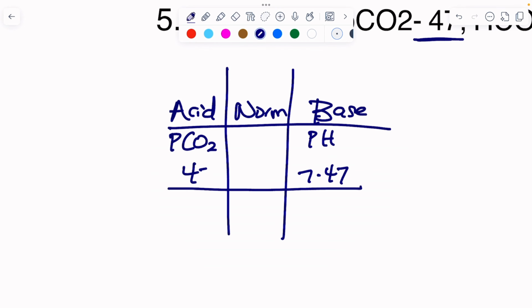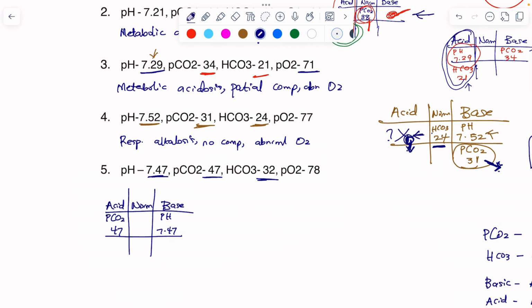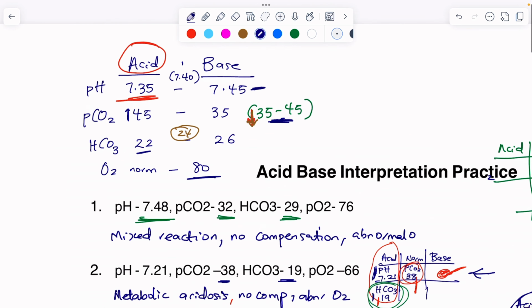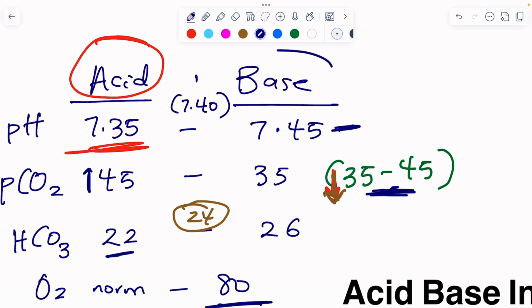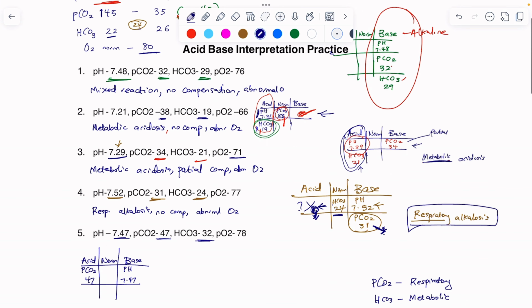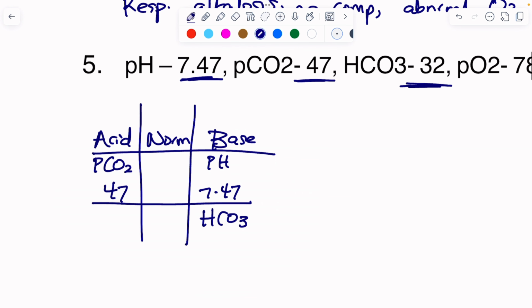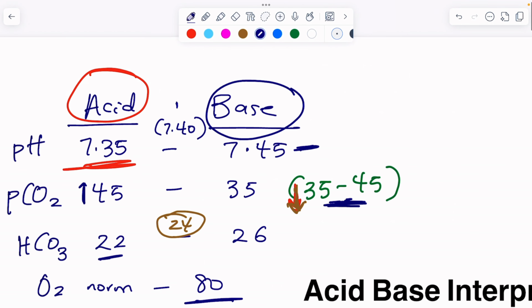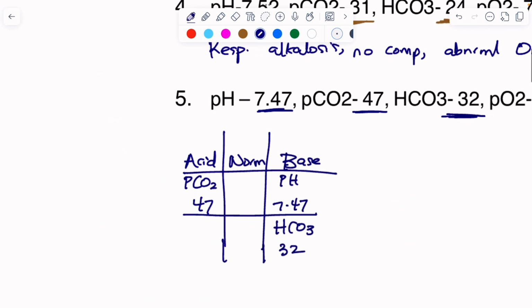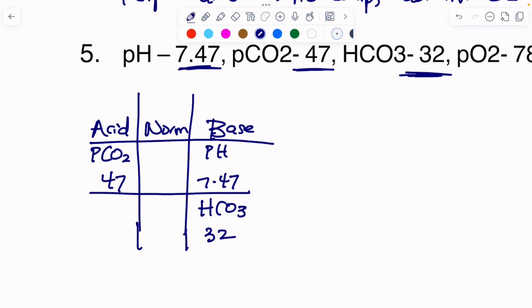And then our HCO3 is 32, so we see that that is on the basic side. So we come here to write our HCO3 32.